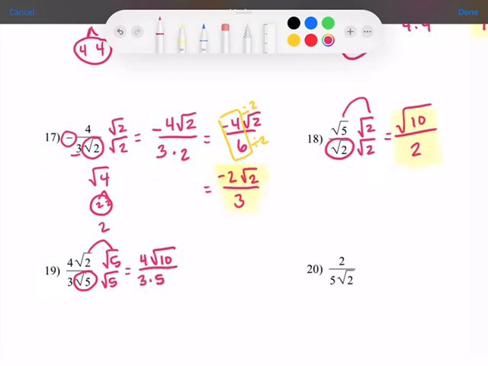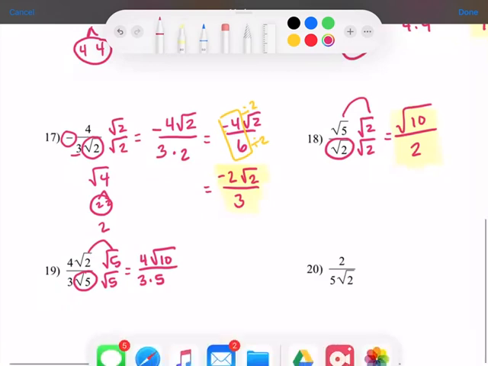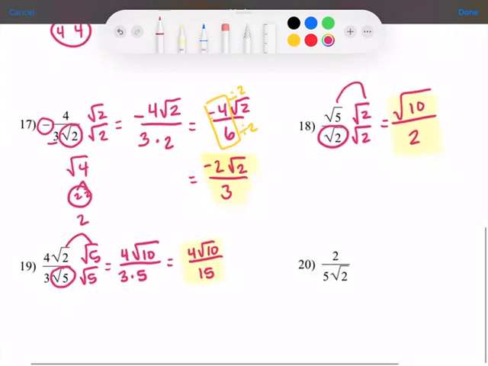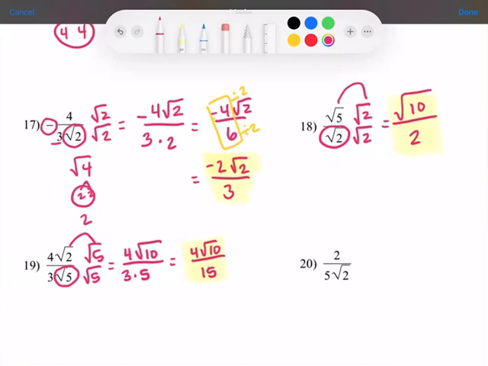So I get 4 square root of 10 divided by 3 times 5, because square root of 5 times square root of 5 is 5. Then I get 4 square root of 10 over 3 times 5, which is 15. Because the 4 and the 15 have no common factors, I cannot simplify, and this is my answer.